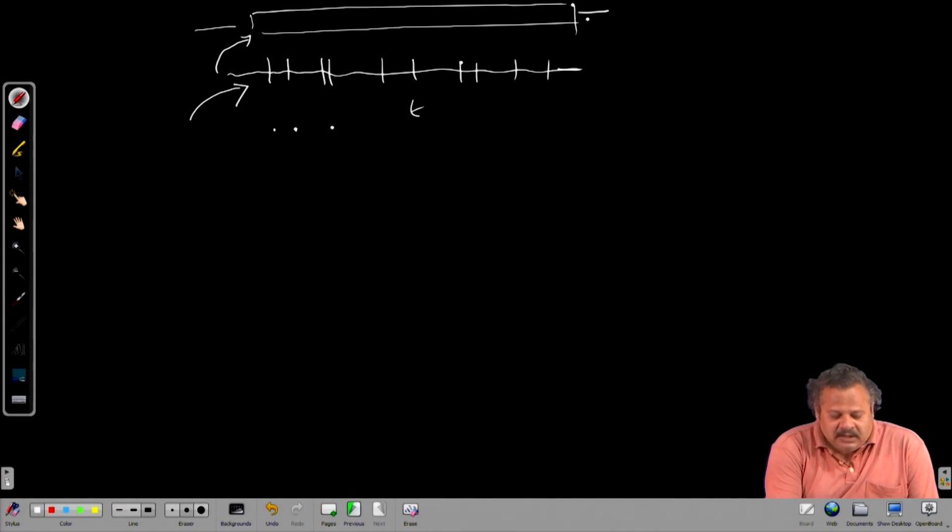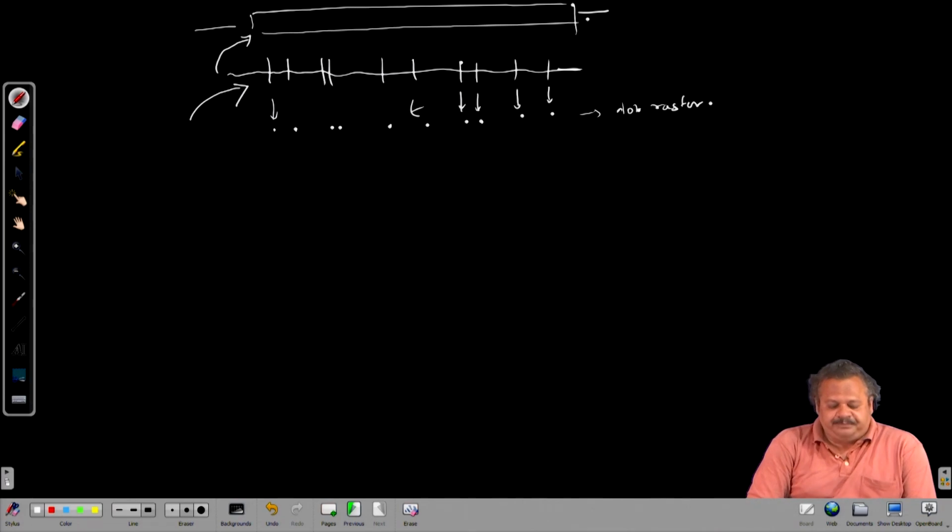That is, there are events occurring at these particular time points. So, each of these spikes is an event in time. This representation is what we call a dot raster representation of spike trains.